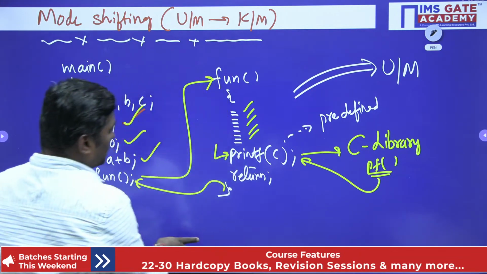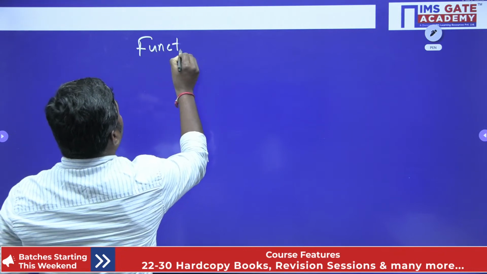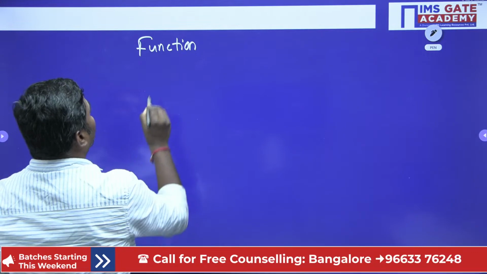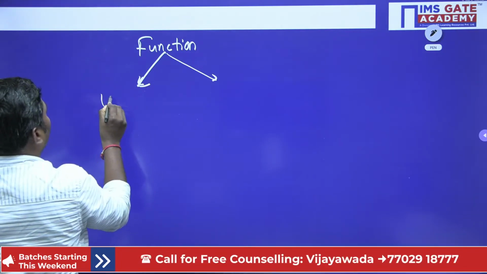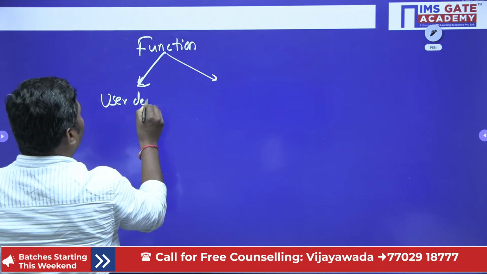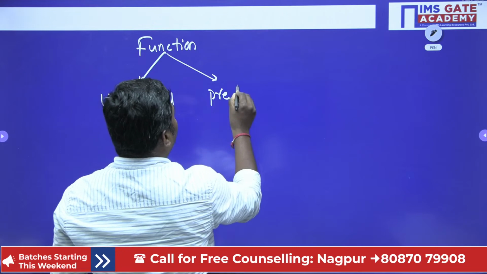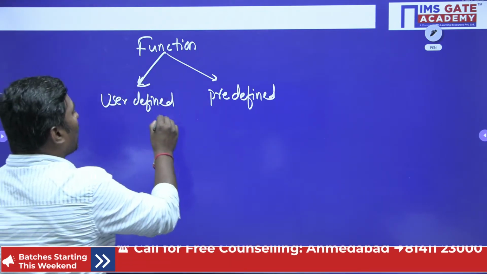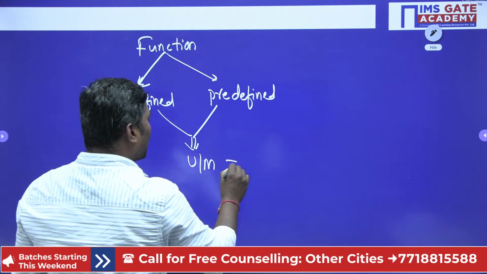So what I am trying to say is, any function you take will run in user mode only. These functions are of two types: user defined functions and predefined functions. Both will run in user mode only.